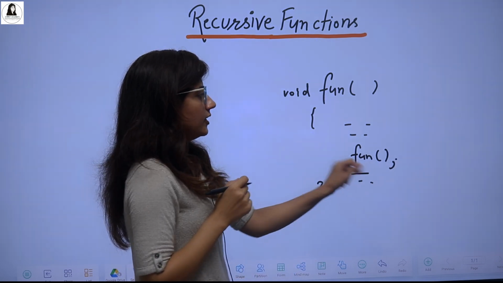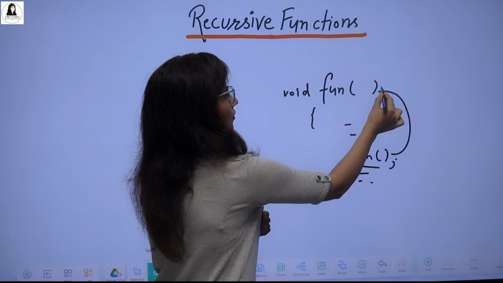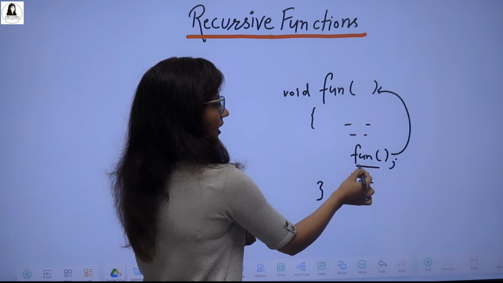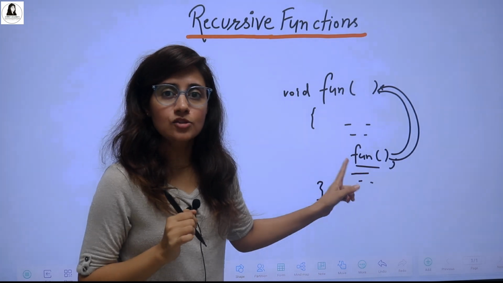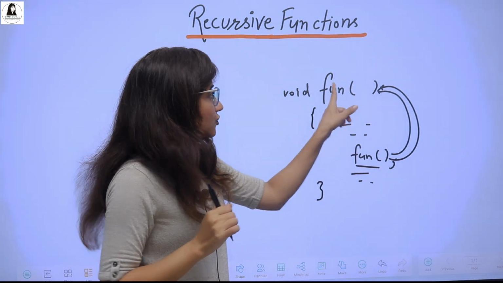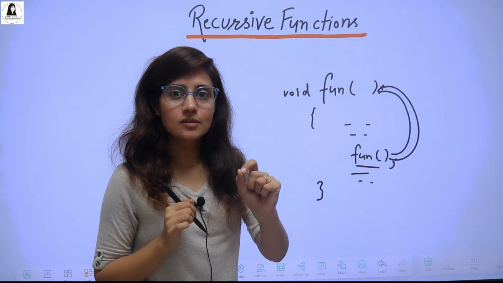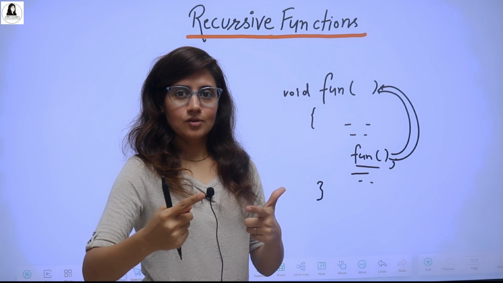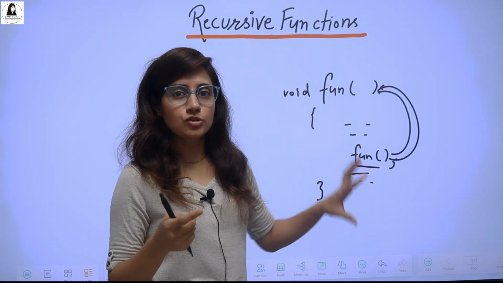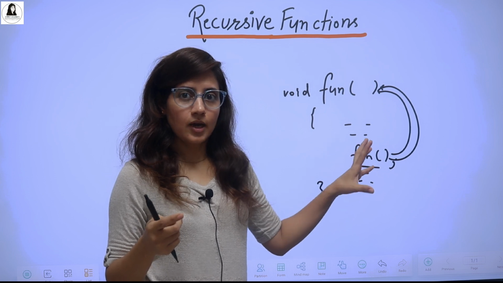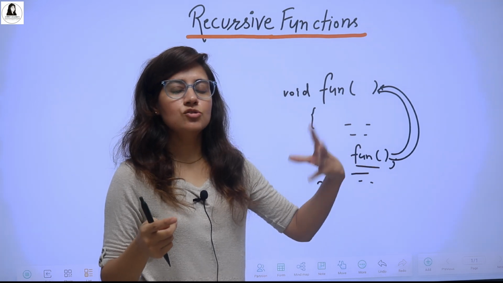So this function is calling itself. This is function calling, so it will go to here. Then again execute this, again function calling, it will go to here. So this function is calling itself, and this technique is known as recursion. And this function fun is known as a recursive function. So if a function calls itself, then that function is known as a recursive function, and the technique of a function calling itself is known as recursion.